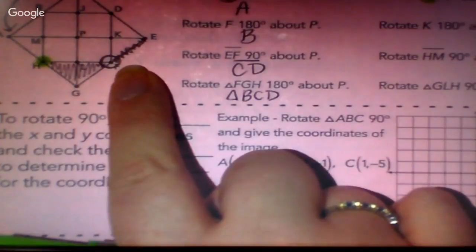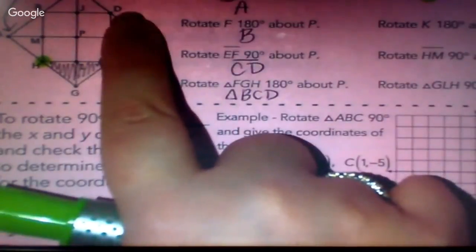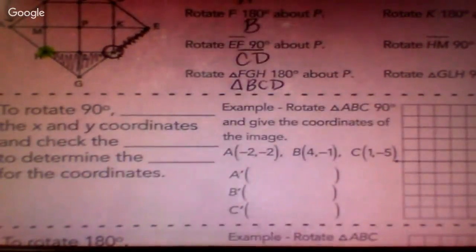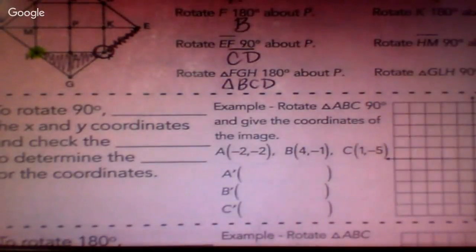I want to say D. D is up here. Yes. You said if I turn this 90 degrees counterclockwise, I'm on the bottom right in between this line, correct? Okay, so what value or letter is on the bottom right in between these lines? What is this? F. So your answer here is F.